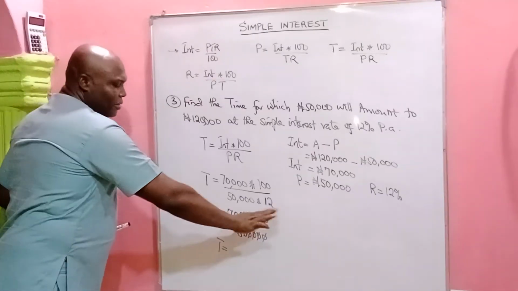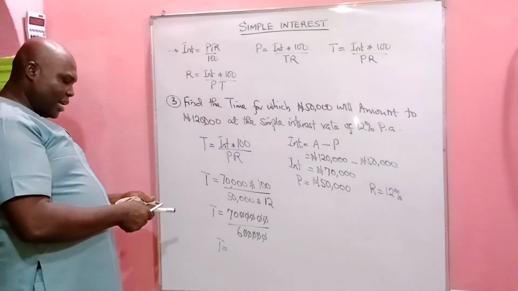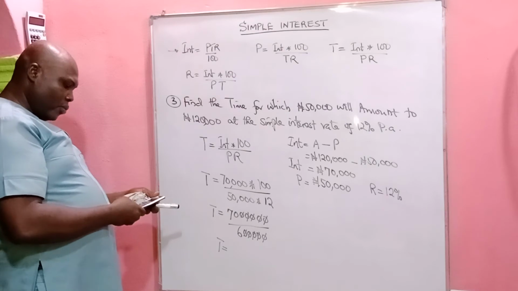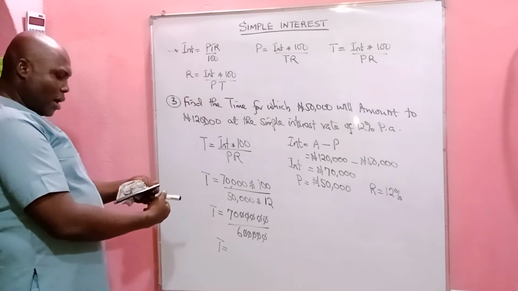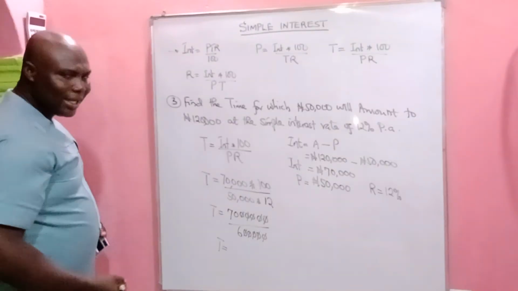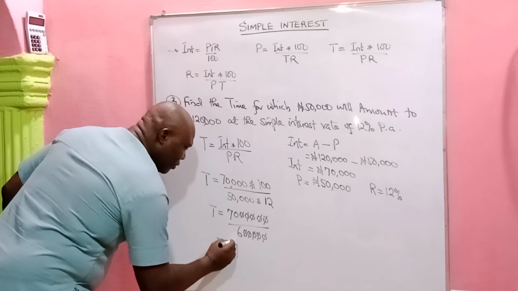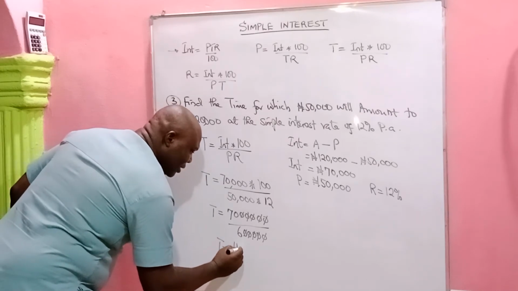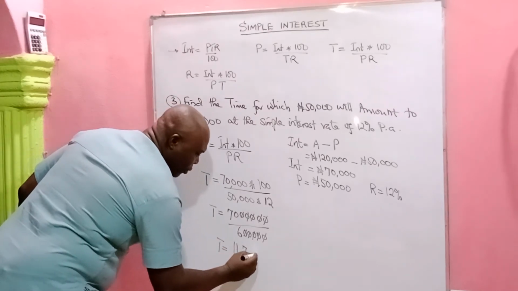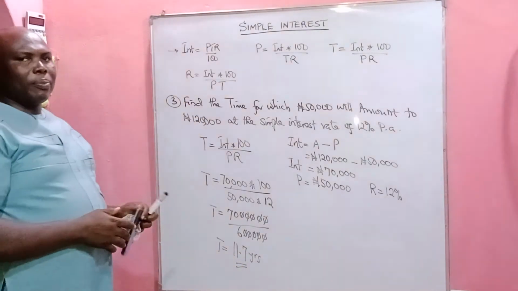Of course, you can just divide all that by this without crossing out. So 70 divided by 6, and that will be 11.6 or 11.7. So we are going to have 11.7 years approximately.